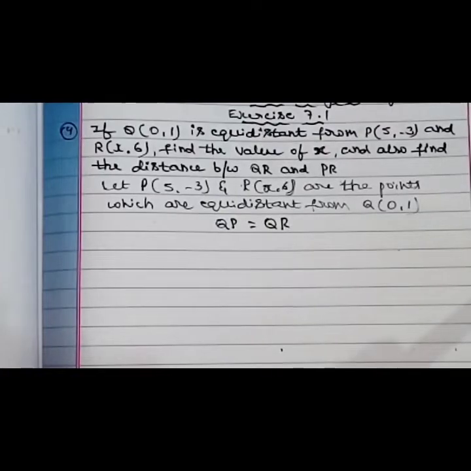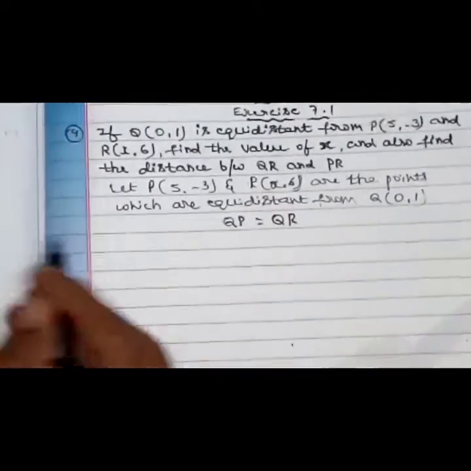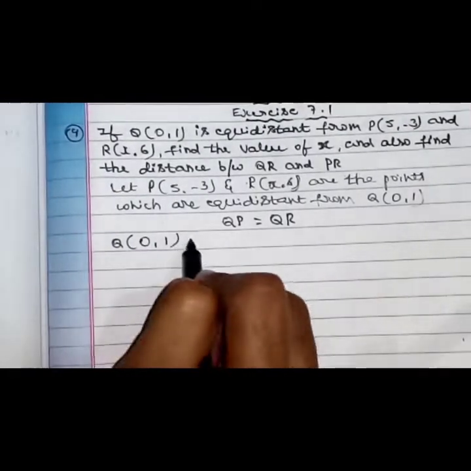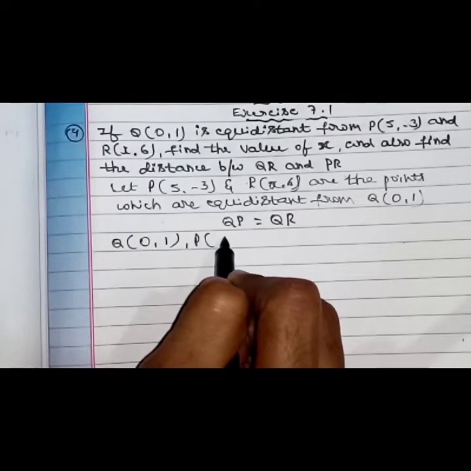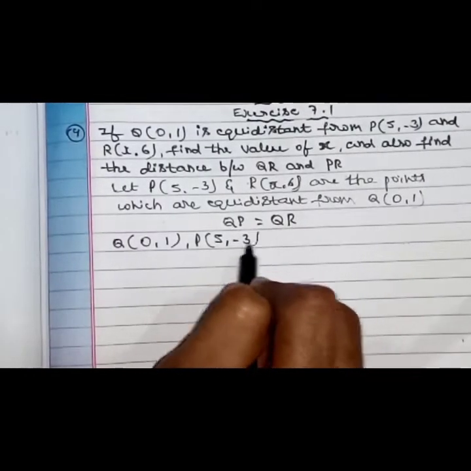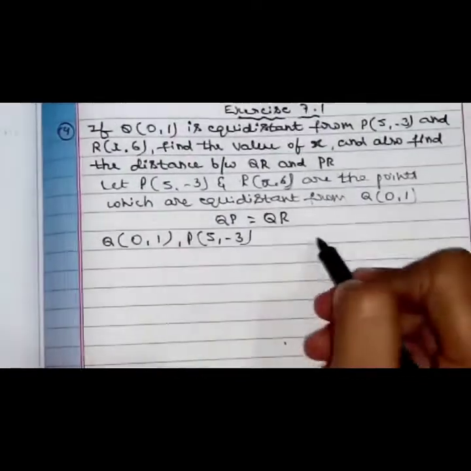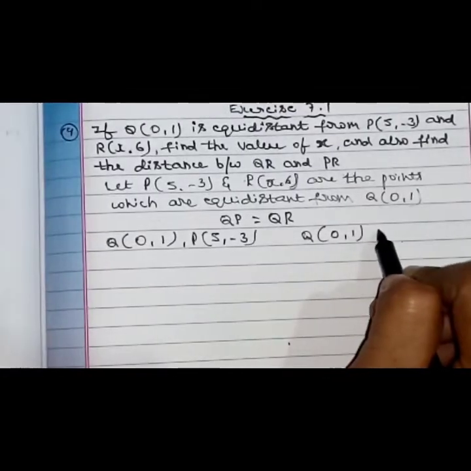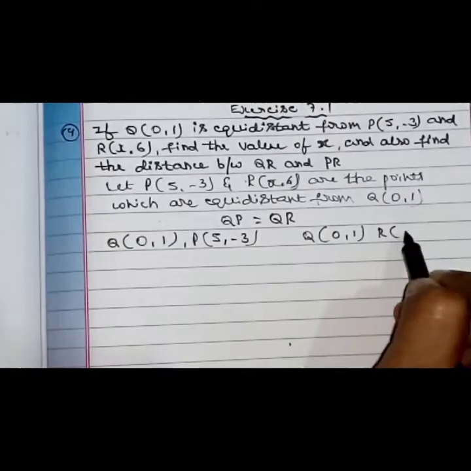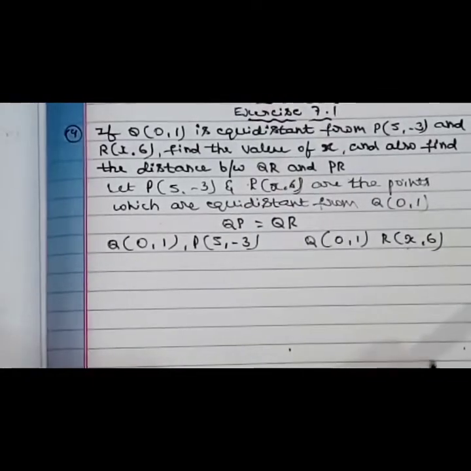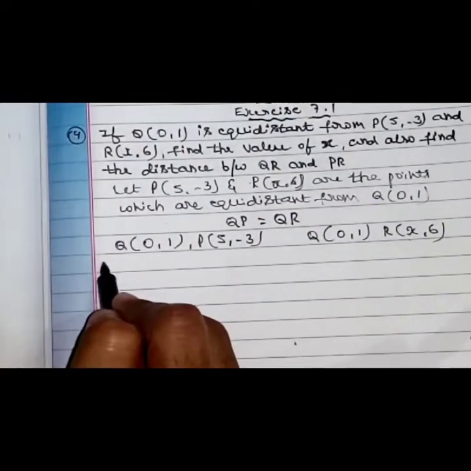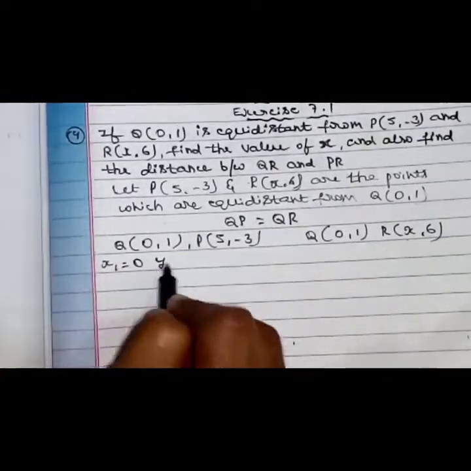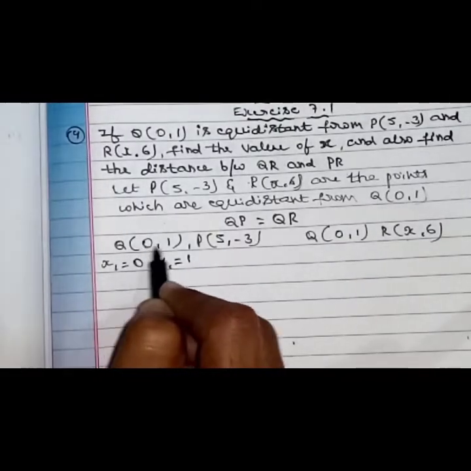So therefore I'll write the coordinate points of QP and QR first. So Q of (0, 1) and P of (5, -3) are the points for QP, right? Now write down the coordinate points of QR. Again Q of (0, 1) and R of (x, 6), right, children? So now just as usual write down the values here. Here x1 is 0, y1 is 1, call this x1, y1, x2, y2.